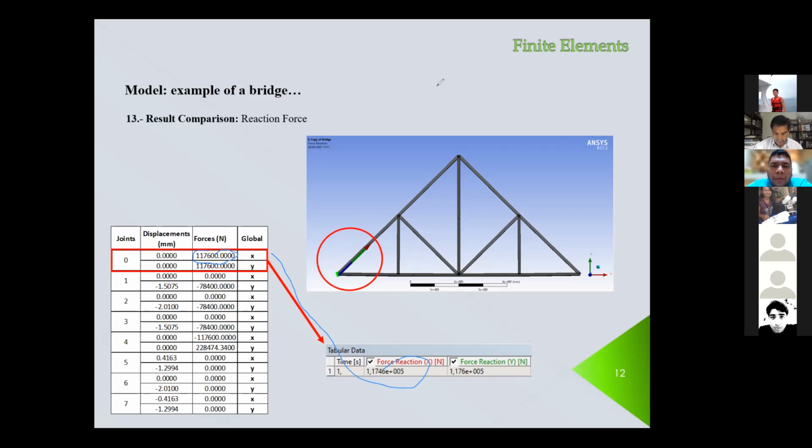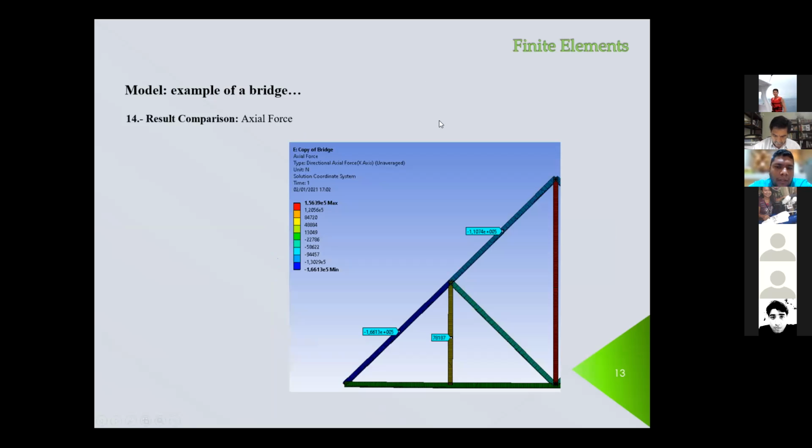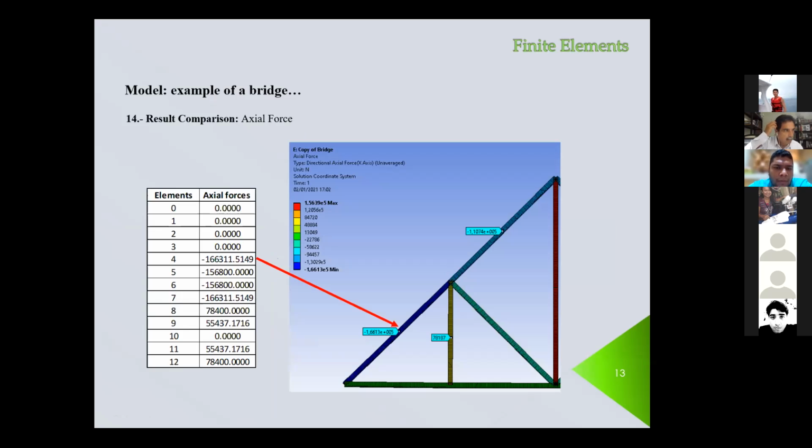Also you compare the axial force. For example, if you want to analyze part of or half of this structure, you see that in this part, these elements, the axial force is in compression, and the other part also in compression, and the vertical elements are in tension.